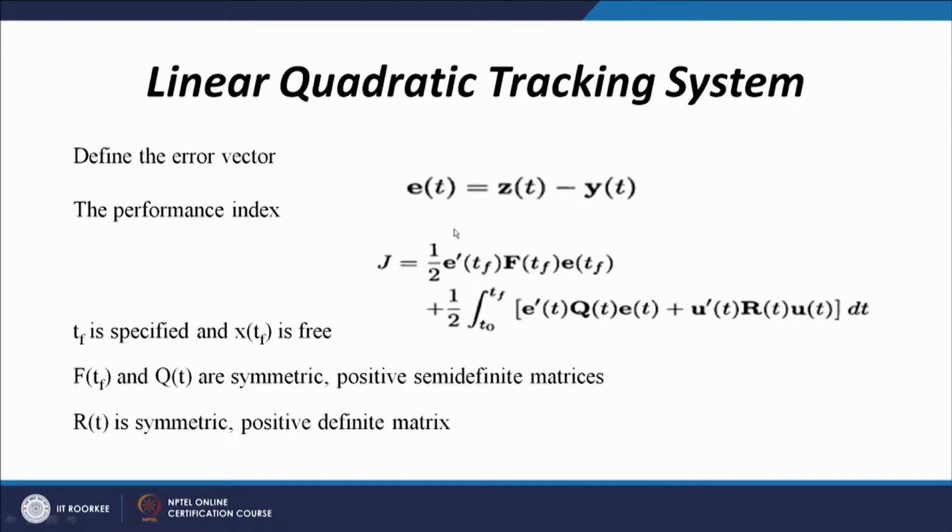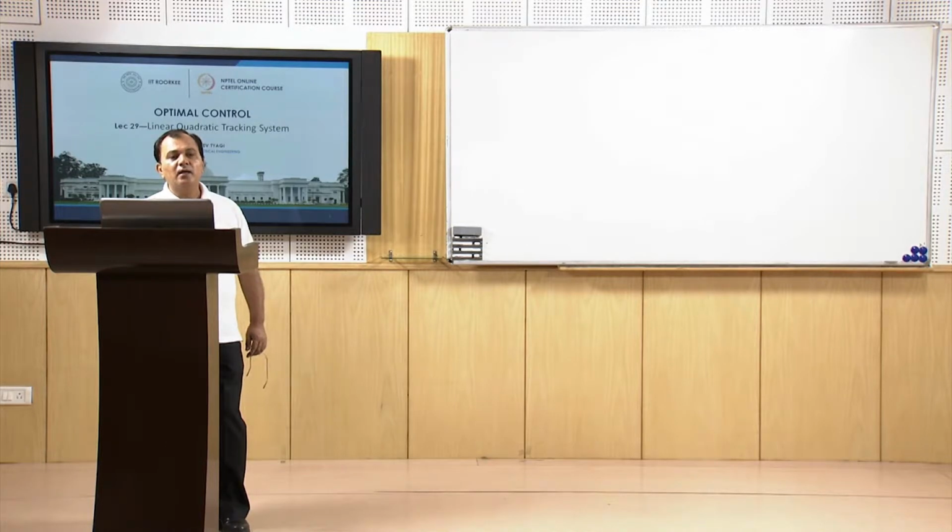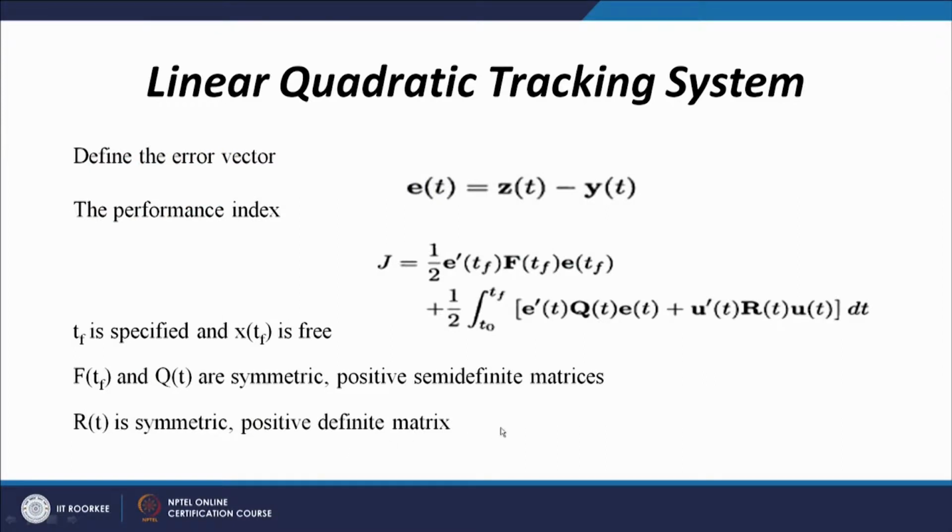Here, in defining this problem, my F, Q, R will have the same format as we have for the LQR problem. So F of T f and Q of T f are symmetric positive semi-definite matrices, while R is a symmetric positive definite matrix.